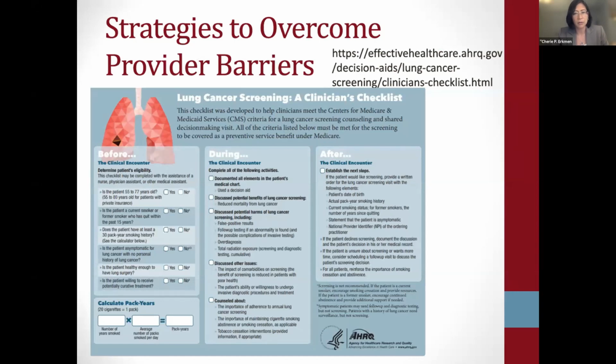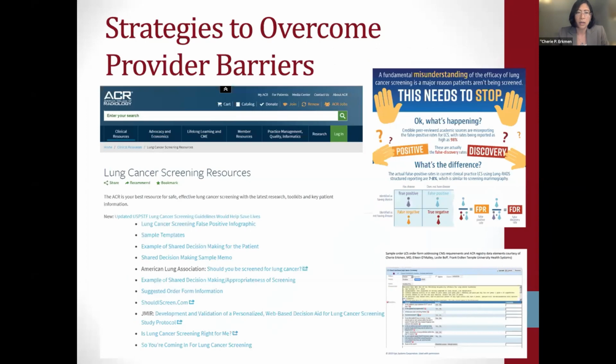Provider barriers, we talked a little bit about. This is a really good resource from AHRQ to give people an outline of what a lung cancer screening visit looks like. So again, a great resource that you can direct referring physicians to, to help them get started. And the American College of Radiology has great resources as well.